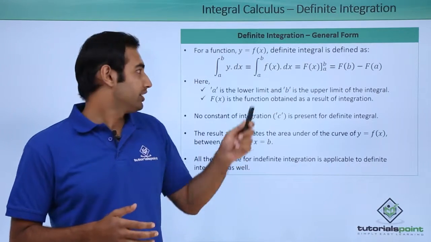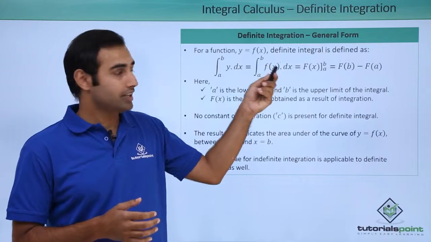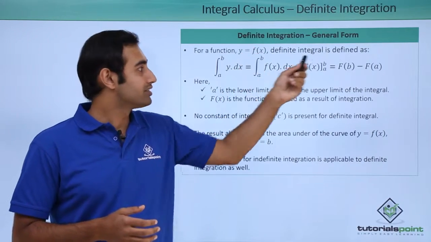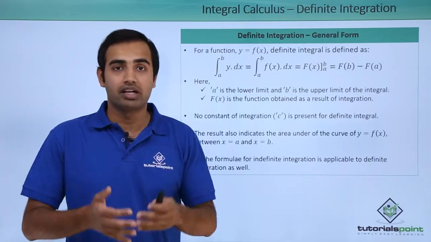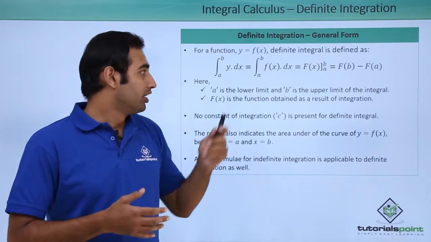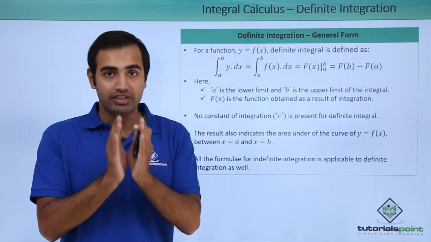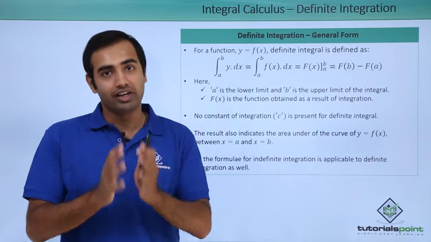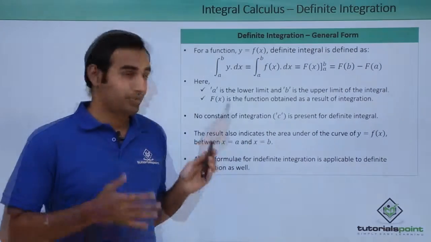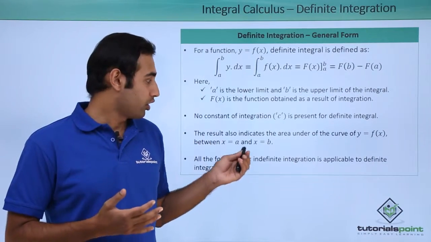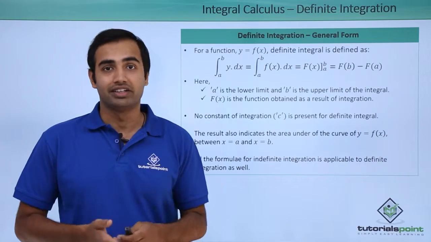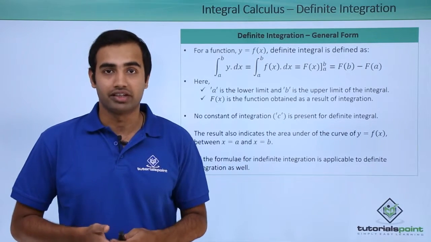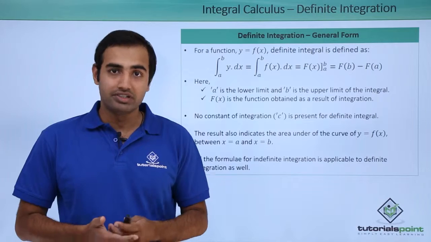So in short, the integral of f(x) dx between limits a to b is simply F(b) minus F(a). Now in here you can see there is no constant of integration because we have already defined our limits. Also in this situation we can see that all the formulae of indefinite integration will be applicable to definite integration as well. Let's try to see this by an example.